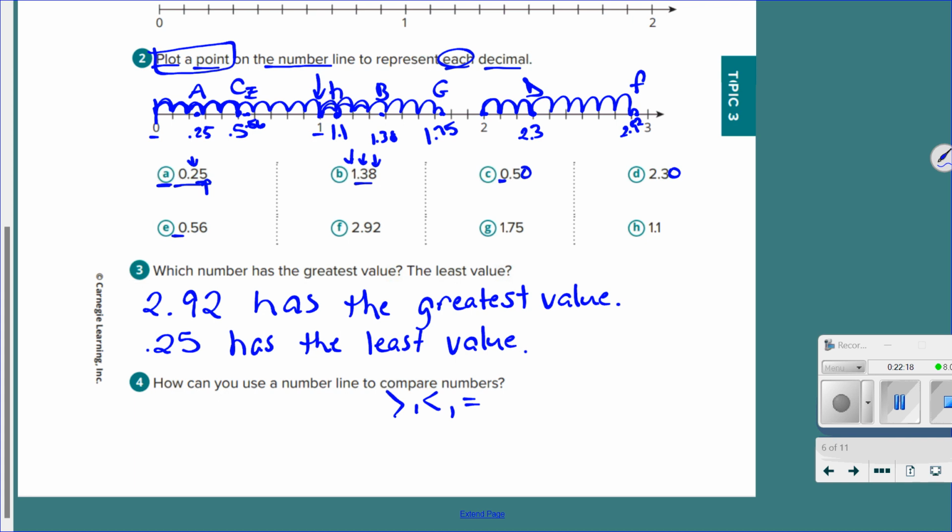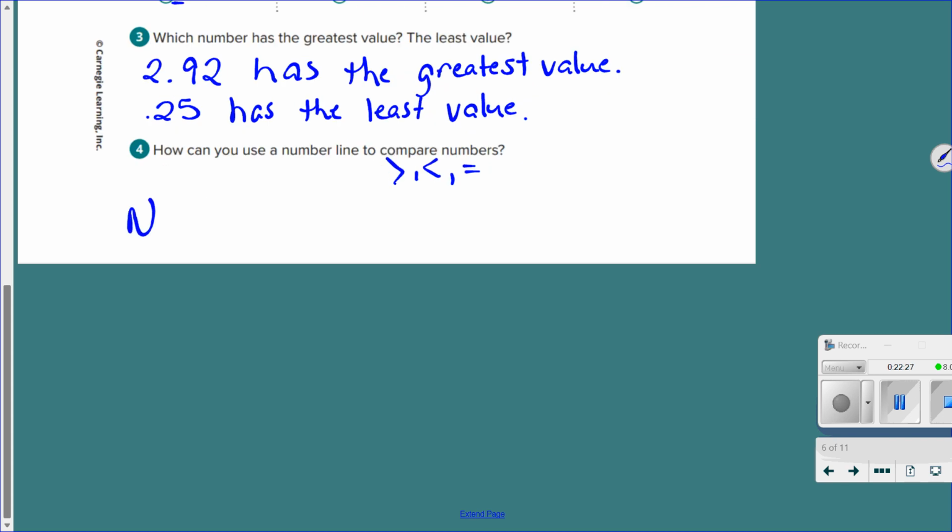The farthest to the left is the, that's the key part. Yes. Numbers to the right are greater. Write that down.